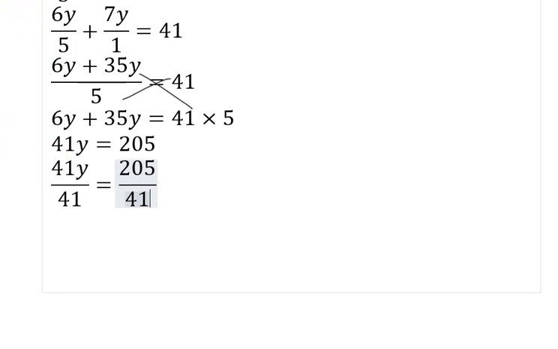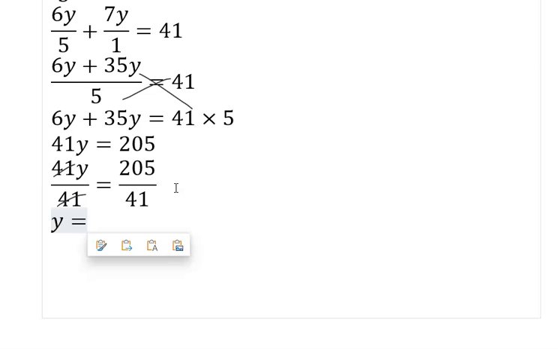So having done that, our 41 can cancel 41, so that our y can stand alone. So if you say 205 divided by 41, you have 5. So that's our y.